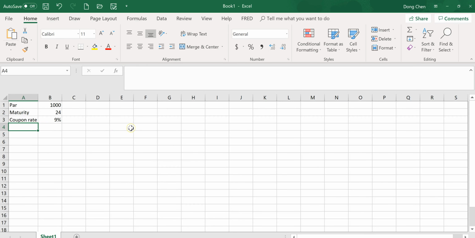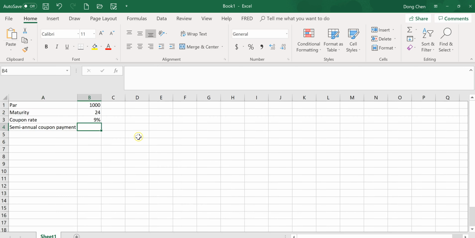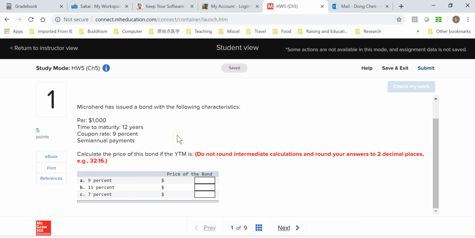But we need to get the semi-annual coupon payment. So just to be clear, semi-annual coupon payment. And this will be equal to the par value times the coupon rate divided by 2. That's the semi-annual coupon payment.